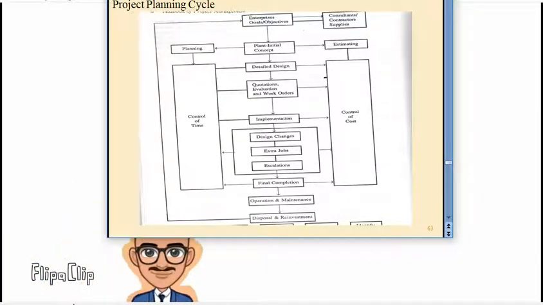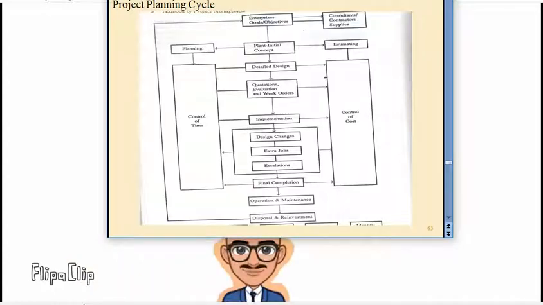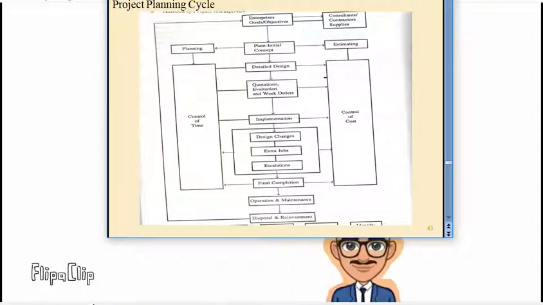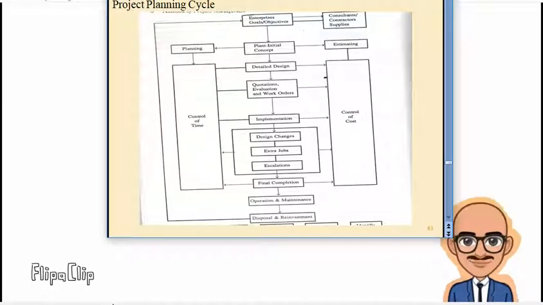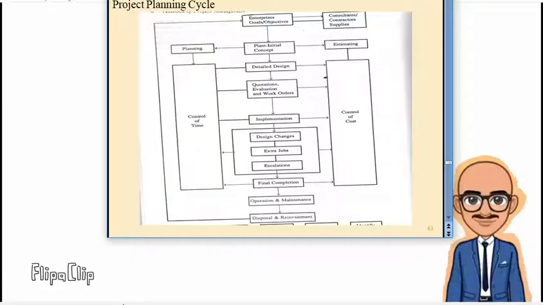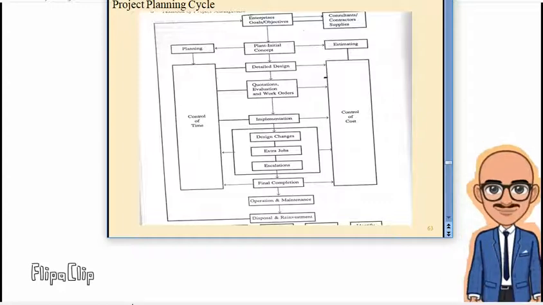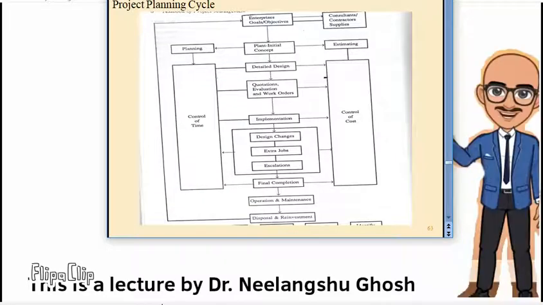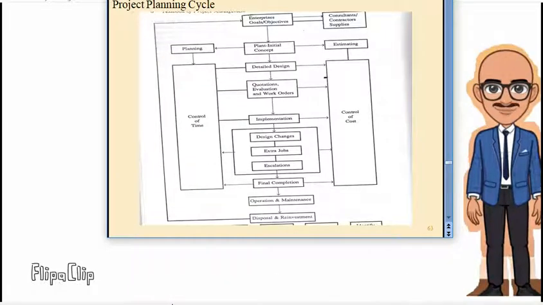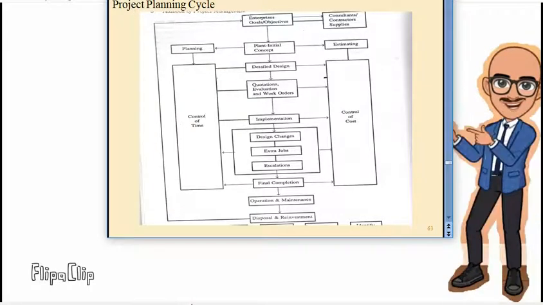The initial concept and planning are related, and initial concept and estimating and evaluation, and at every step you can see here control of time to the left and control of cost to the right. Those two are the most important aspects of the project. If you can control the time, then you can control the cost.